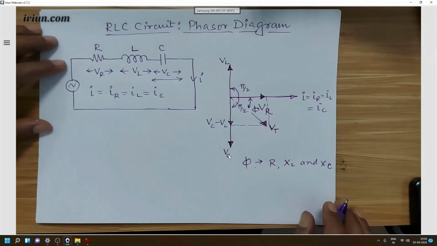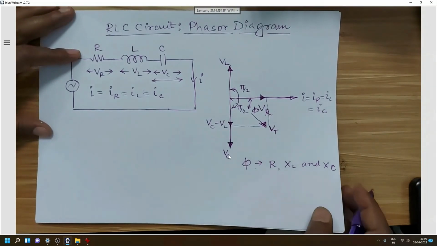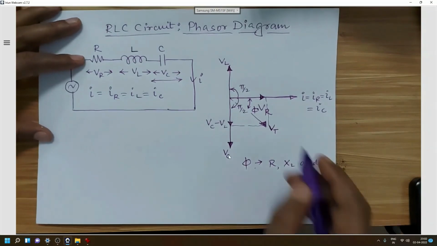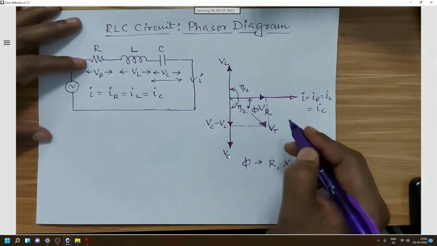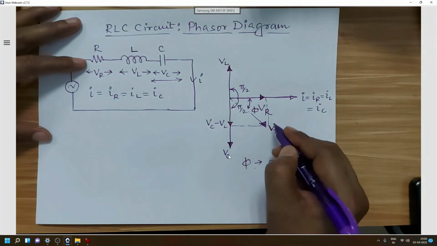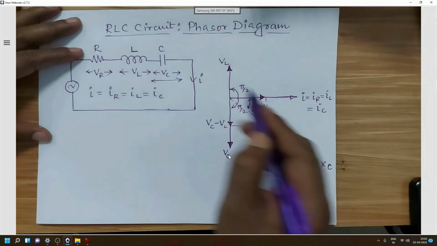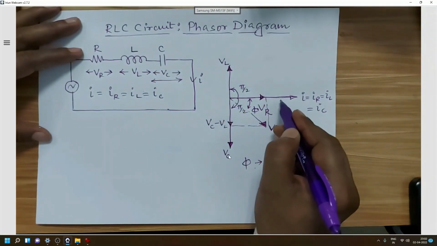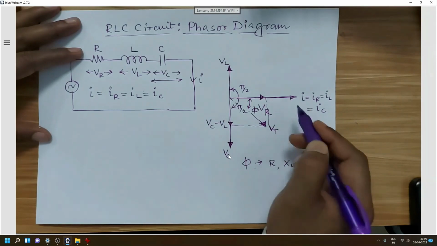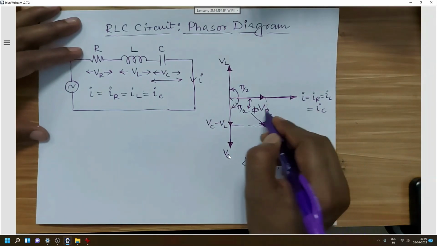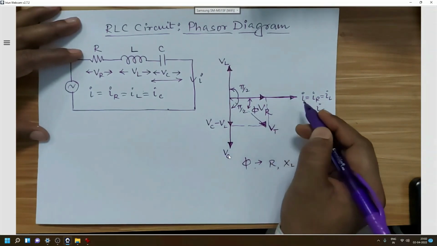So here the circuit will be called a capacitor dominating circuit or capacitance dominating circuit, and the phase angle will be obtained in such a way that the voltage across the entire element will be lagging behind the current passing through all the elements. So this is a capacitive circuit where current leads over the voltage.